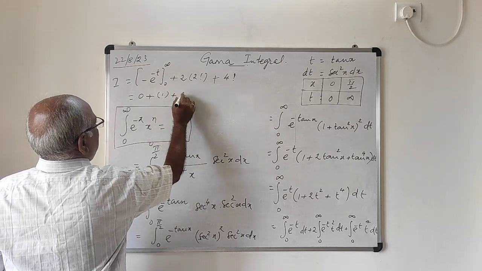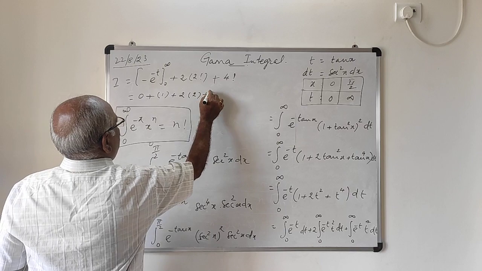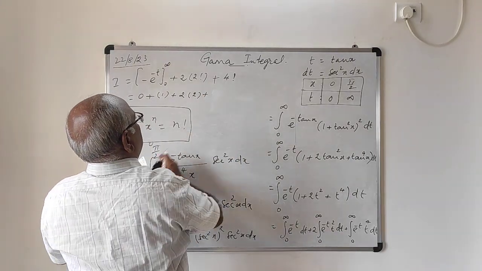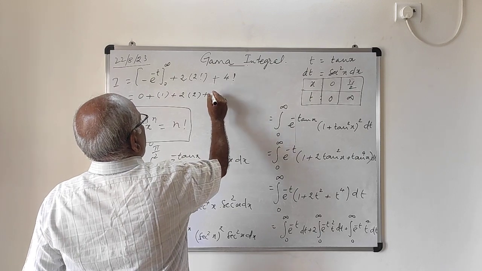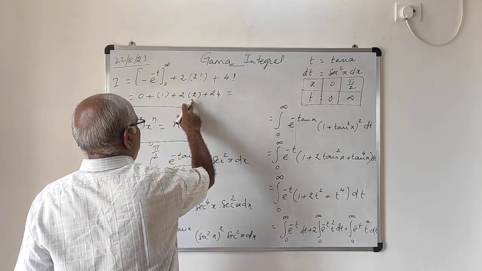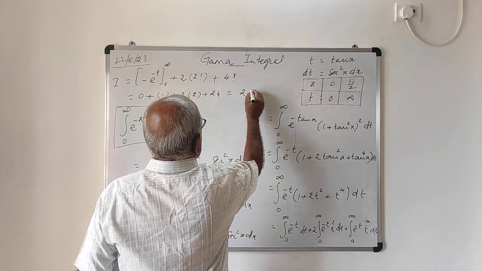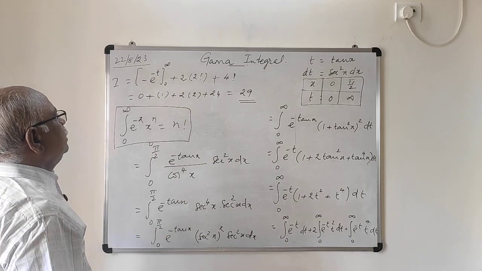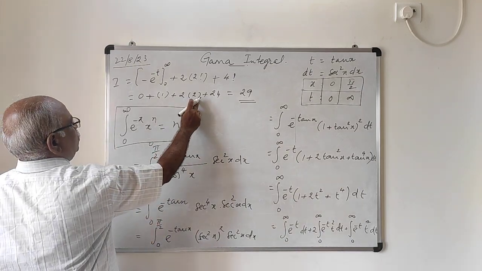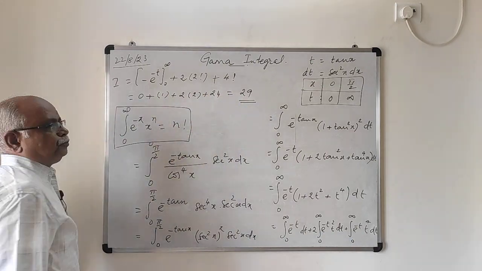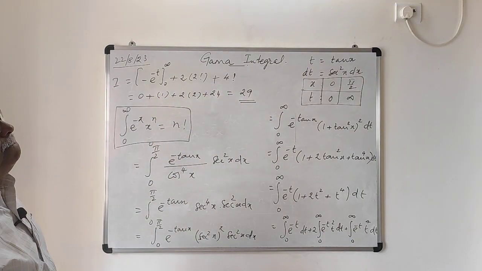Plus 2 into 2 factorial, which is 4, plus 4 factorial, which is 24. So 1 plus 4 is 5, and 5 plus 24 is 29. So the answer for this problem is 29. That's all about the problem.